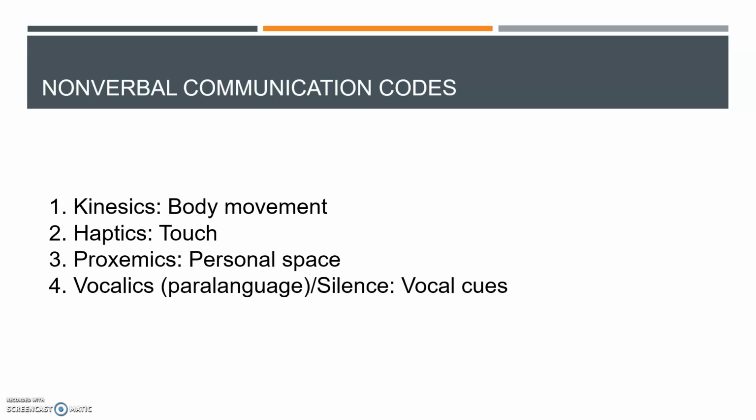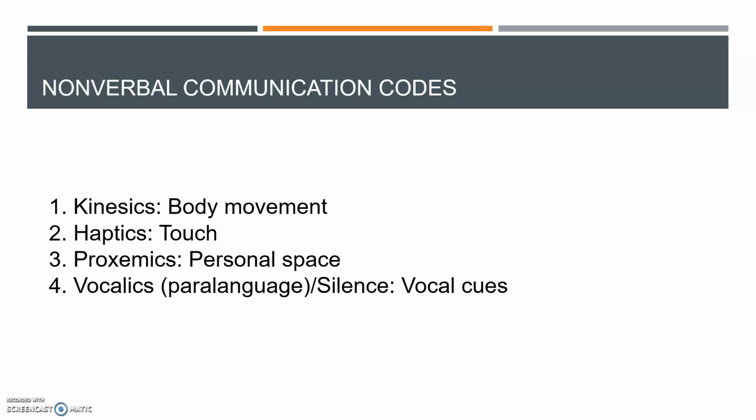Specifically, we're going to look at these four big categories of nonverbal behaviors. The first one we call kinesics, which refers to all the body movement we've got, including the way we stand, the way we sit, and our gestures. The second one we call haptics, which refers to all the touch behaviors we enact with other people. The third one, proxemics, is the personal distance or personal space you keep with other people.